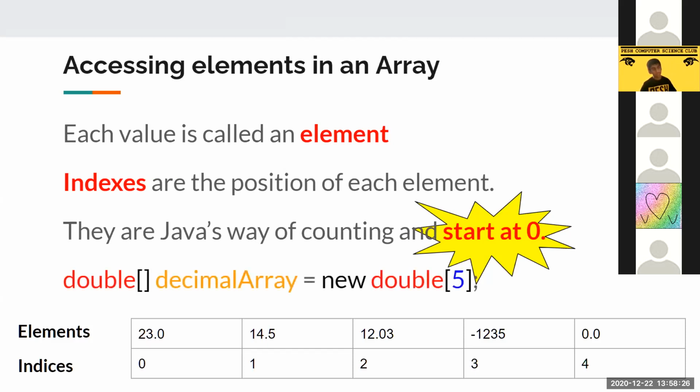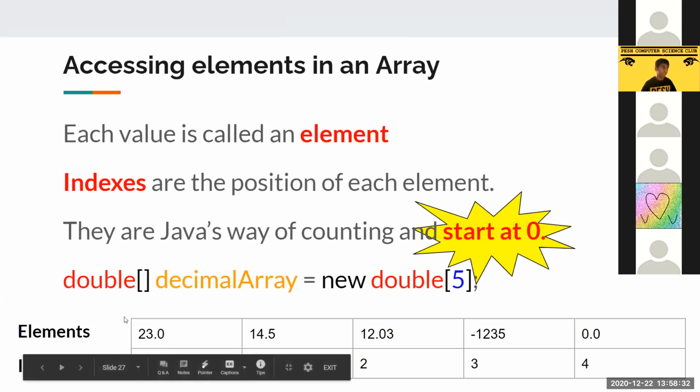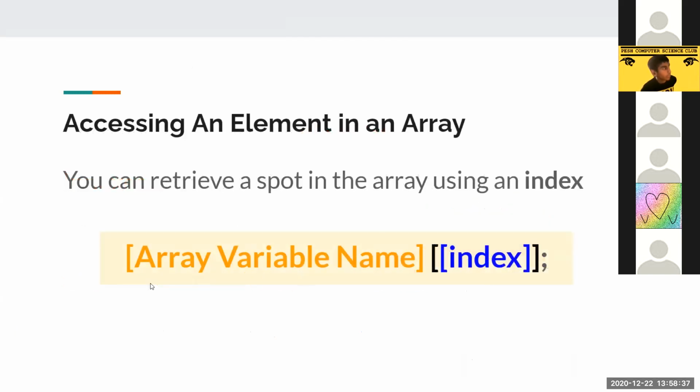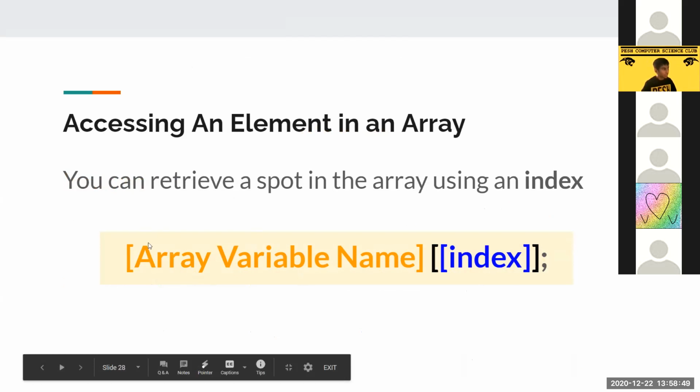Just like I said, indexes start at 0, and that's how Java counts. And this is, for example, a double array with these values. I will explain how to access a value in a double array, or any array in general. When you want to access the value at a certain index, you first provide the variable name.